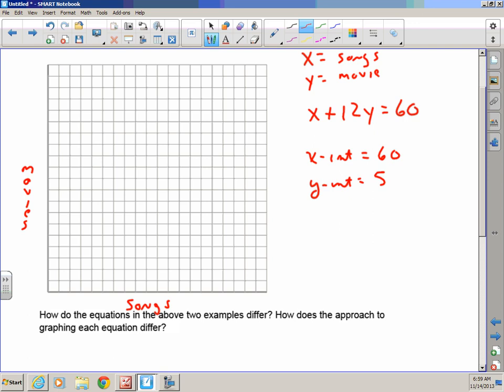And if I buy no songs, I can buy 5 movies. So the maximum number of movies I can buy is 5, which is why I'm counting by ones there. And the maximum number of songs I can buy is 60, so I'm going to count by 10s here.